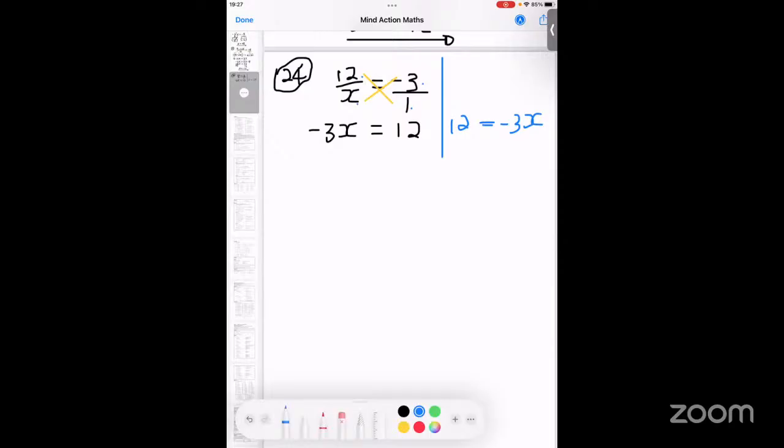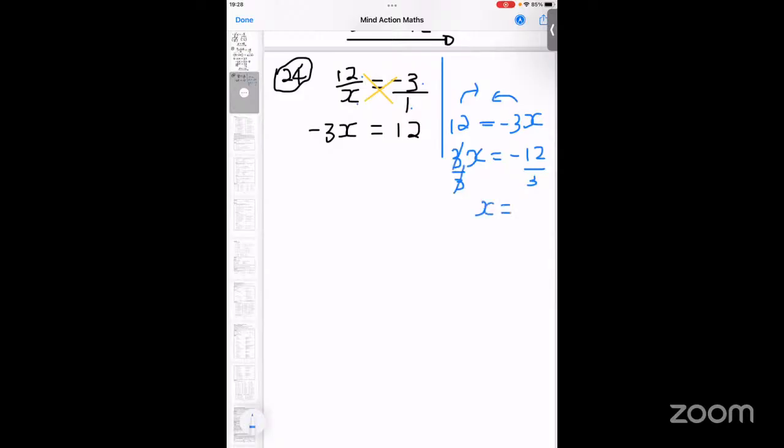So that means if you had to work out this one in blue, you were going to then take the -3 to the other side so that it becomes +3x. You take that 12 to the other side, it becomes -12. Just so that you can divide by 3 on both sides so that that cancels with that. You've got your x, which is equals to, what is that divided by that?